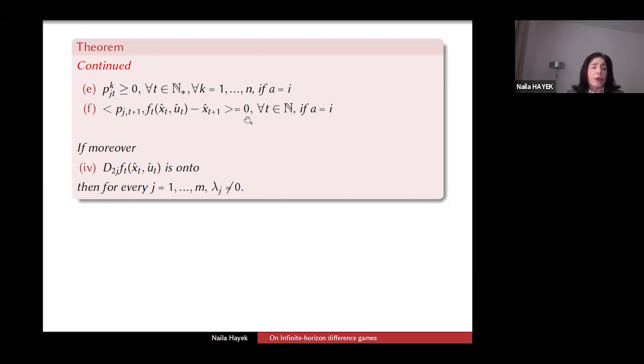And moreover, if for every j the partial differential of the functions f_t with respect to u_j is onto, then for every j we guarantee that the multiplier lambda j is different from 0.